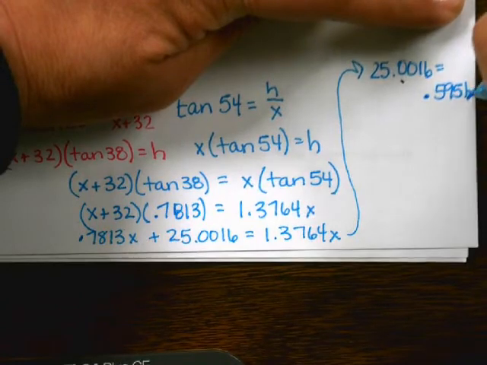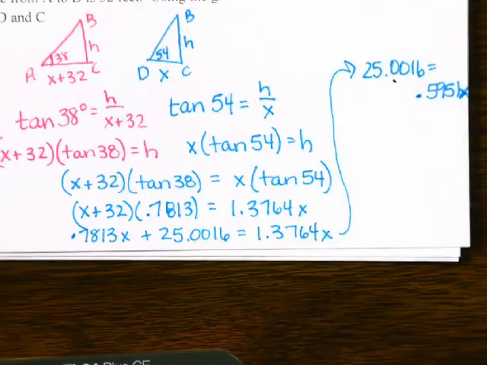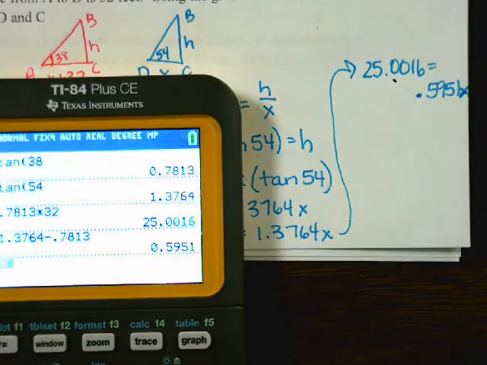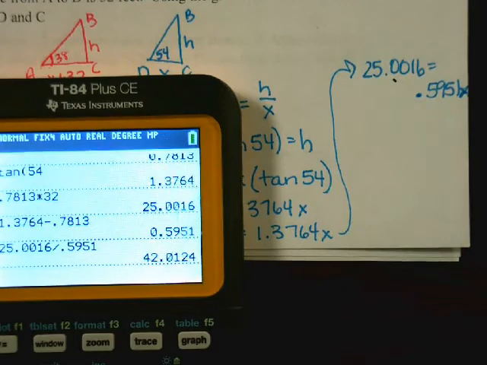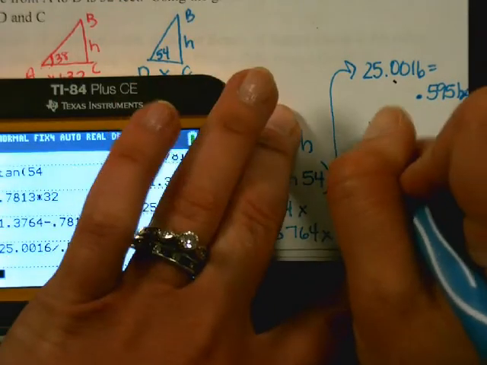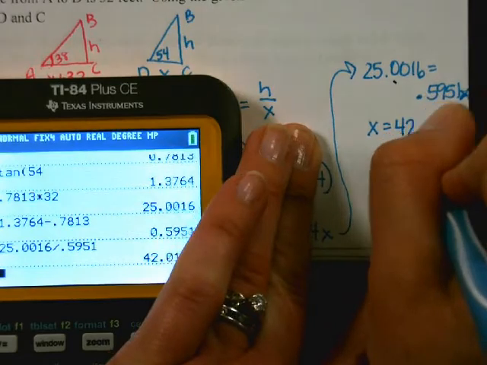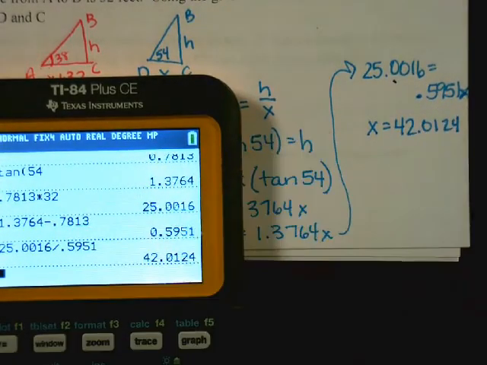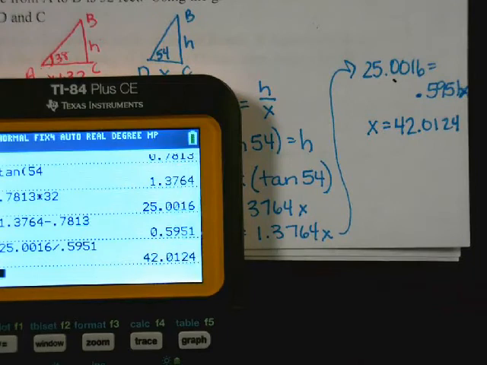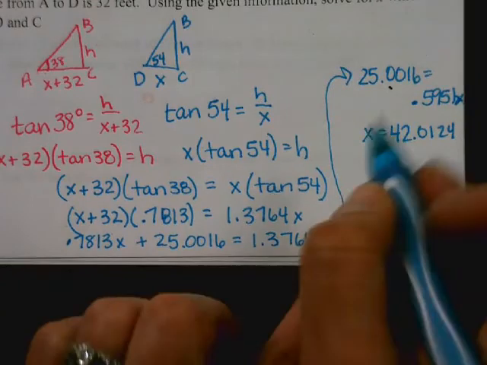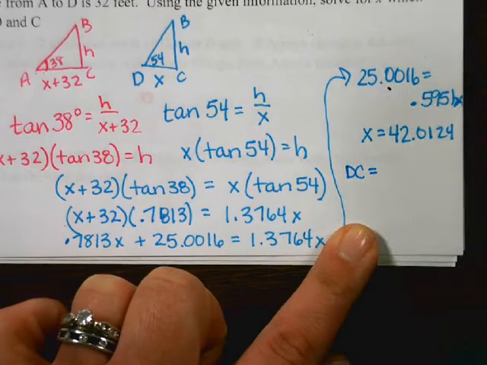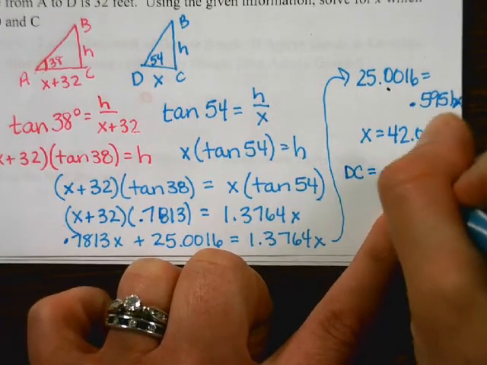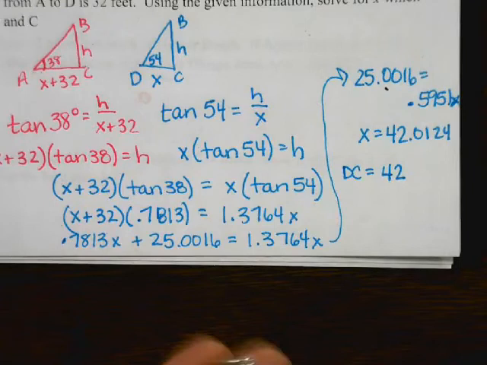Ooh, that's hard, I'm sorry. So what's x, or D to C? Yep. So 42.